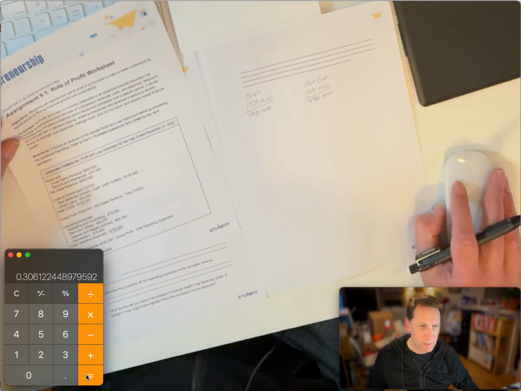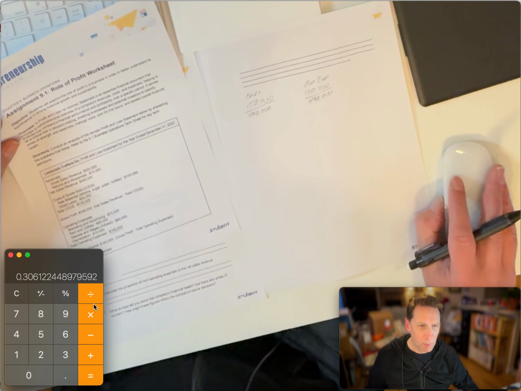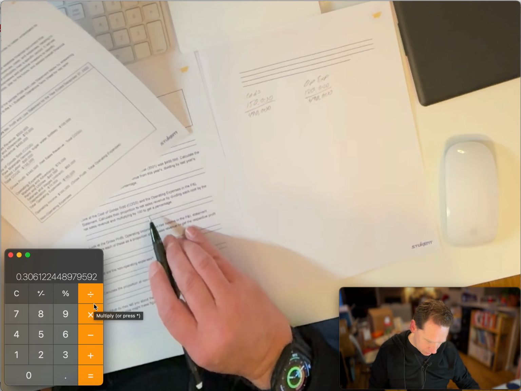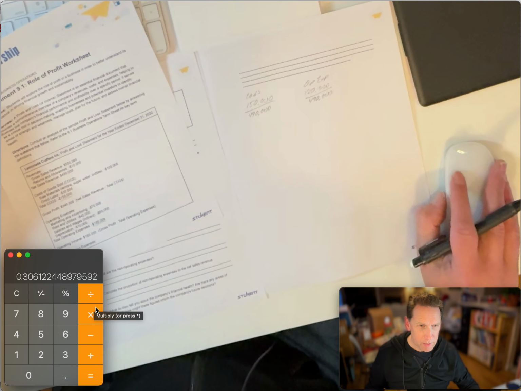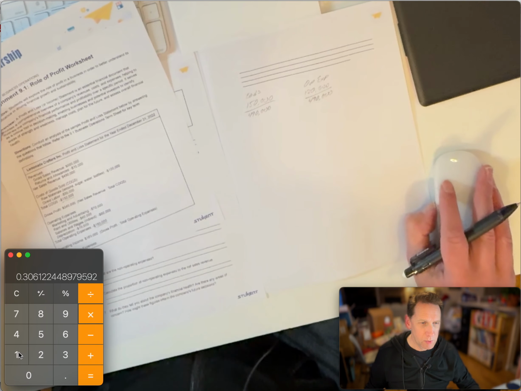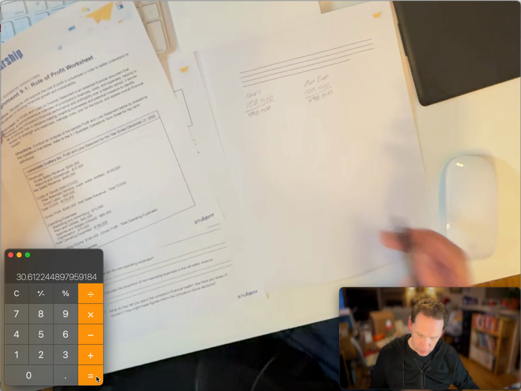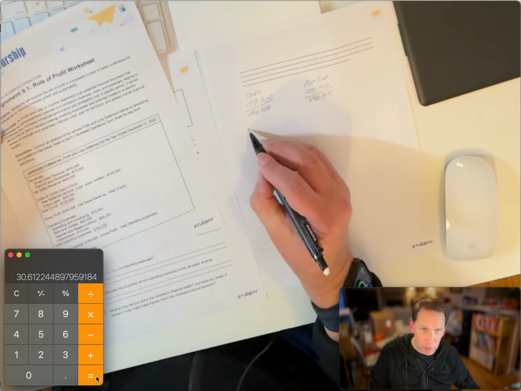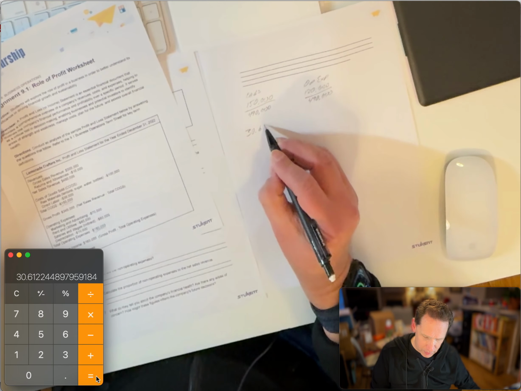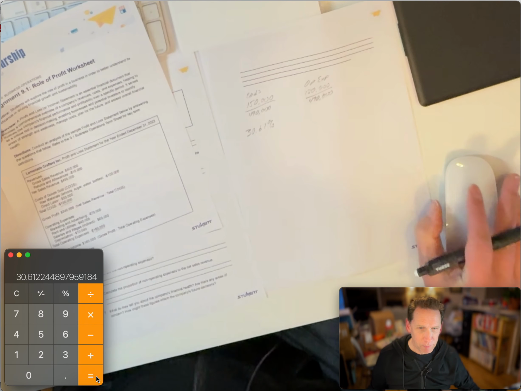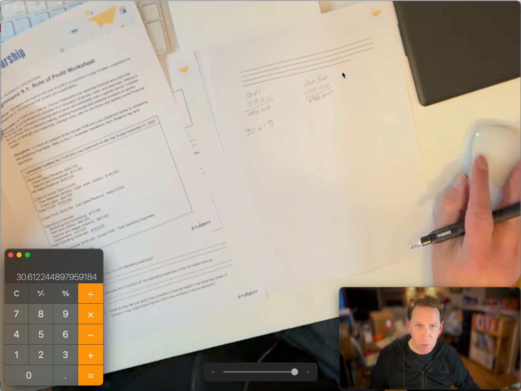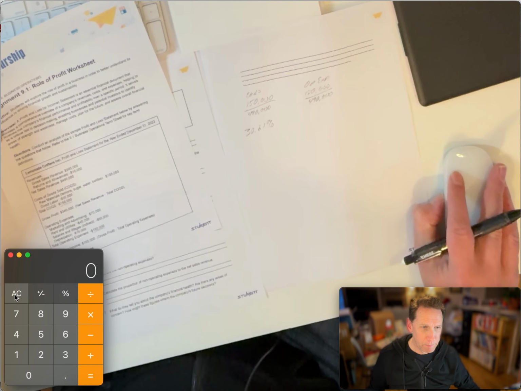That equals that, but now it says to multiply by 100 to get a percentage. So times 100 equals 30.61%. All right, let's do the other one, the operating expenses.